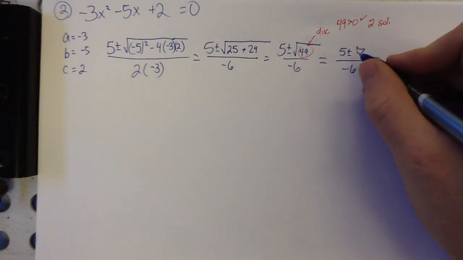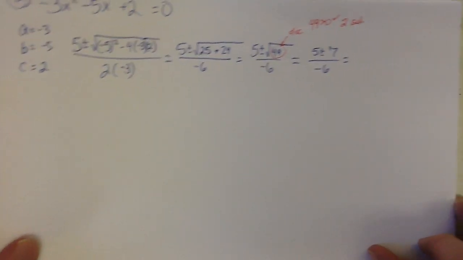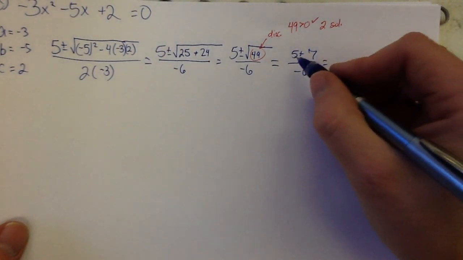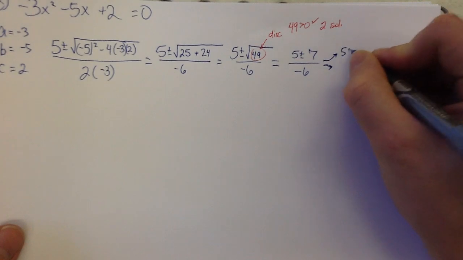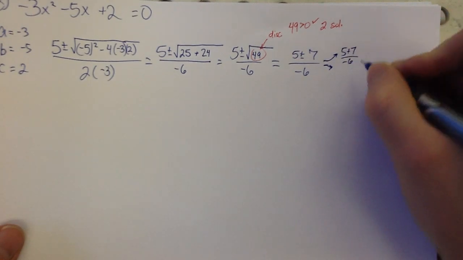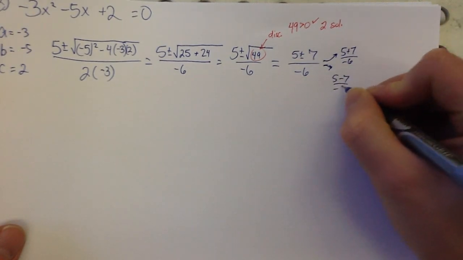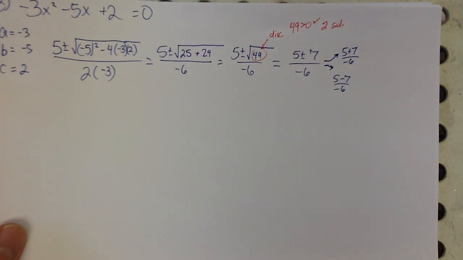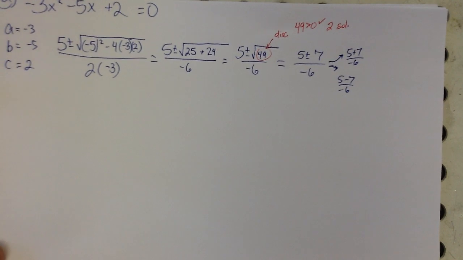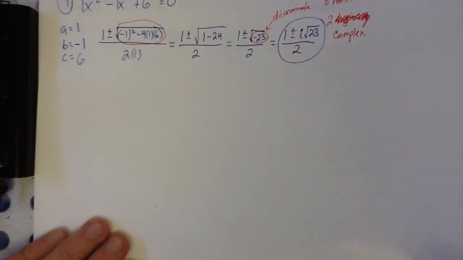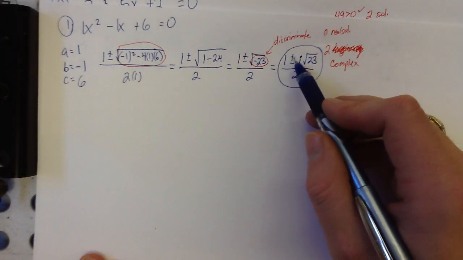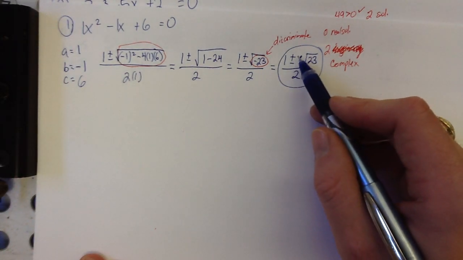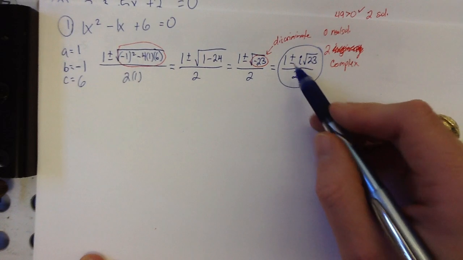And let's go ahead and put 5. Actually, we're going to need to probably do 2 parts here. So here's how I'm going to recommend. 5 plus 7 over negative 6. 5 minus 7 over negative 6. It's actually going to work out a lot better this way. If you look back at some of the other ones we did in the lesson, or back to example 1, there's really no need to go 2 parts here because nothing will be able to be reduced.